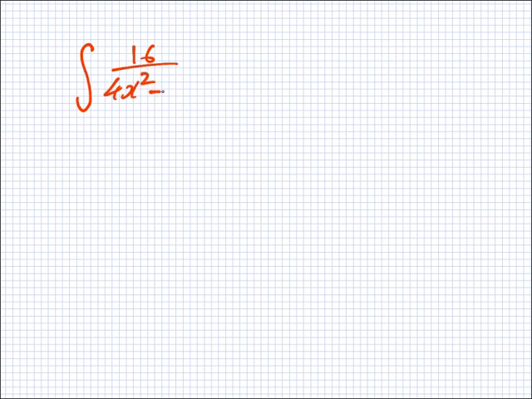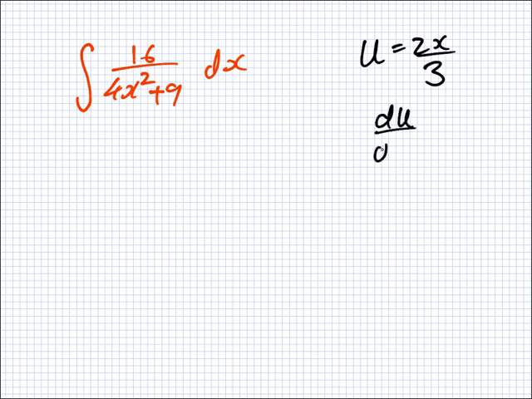Okay, so the key thing here is what you let u equal to, and you let it equal to 2x over 3. Ultimately you get this after you do the square root. So, what does du dx equal? 2 over 3. So that means dx equals 3 over 2 du.